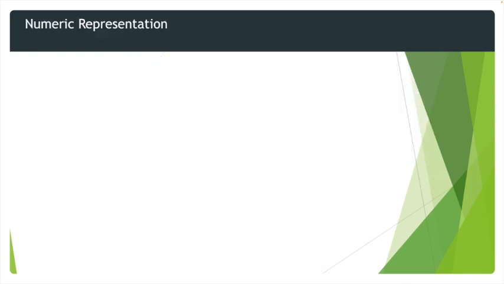Now, I just want to talk for a second about numeric representations, because this is a concept which is fundamental, and we're not going to get too much into technical detail, but I think it helps to have some sort of concept of what's going on behind the scenes. So we have these types of neural networks. They're called embedding models or embedding networks.